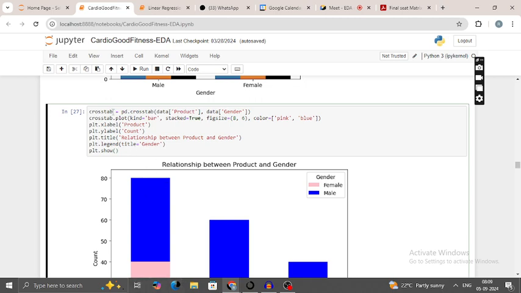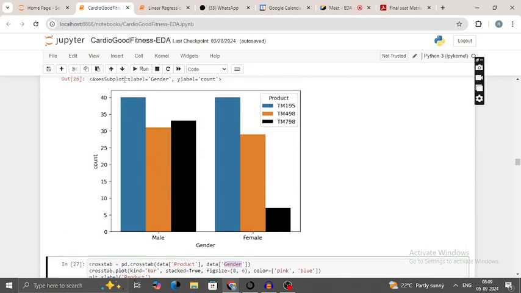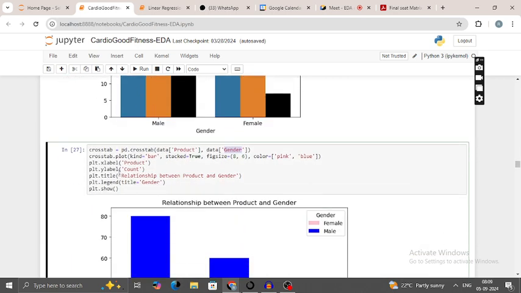Similarly, you have one more option like crosstab. So pd.crosstab, look at this, inside pandas you have one option called crosstab. Here this is the table name, this is the column name, product, again table name, column name. This is categorical, this is also categorical. Count plot is categorical, crosstab is categorical.